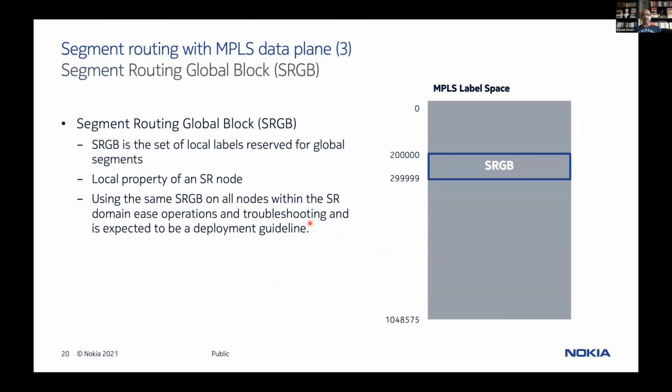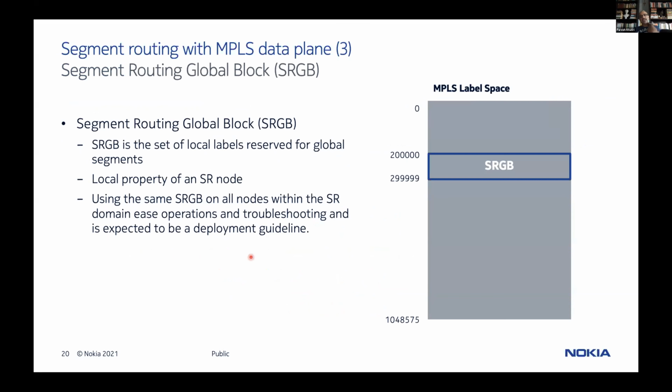I've already spoken about this, so I'll quickly go through it. Now, a few concepts. I spoke about having this global allocation of labels. Now, how do you do this, right? How do you get these routers to agree on what is a global range?